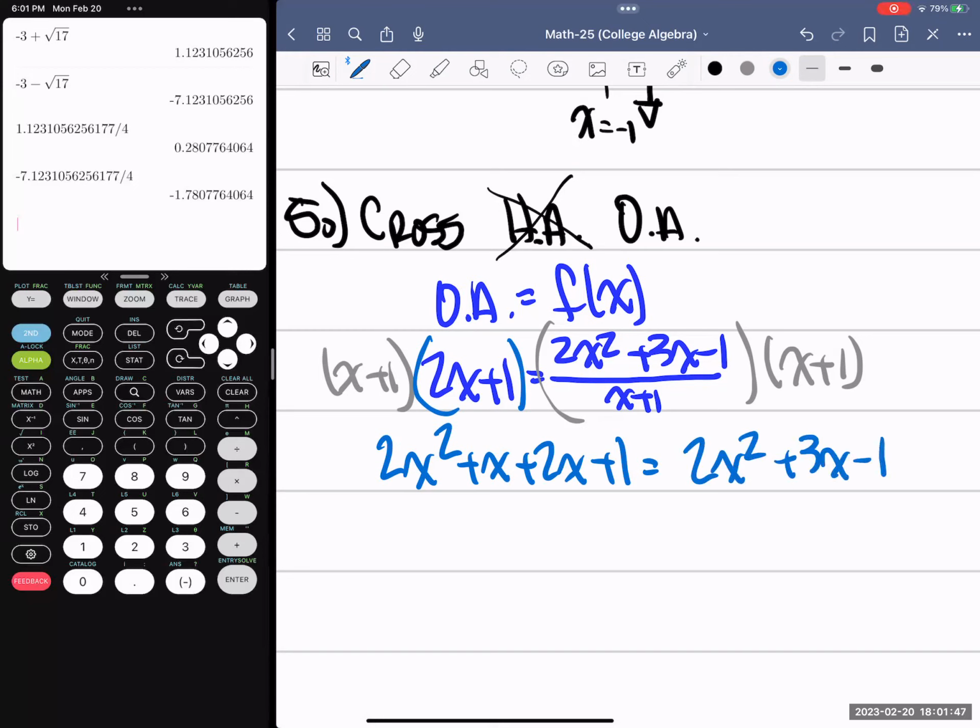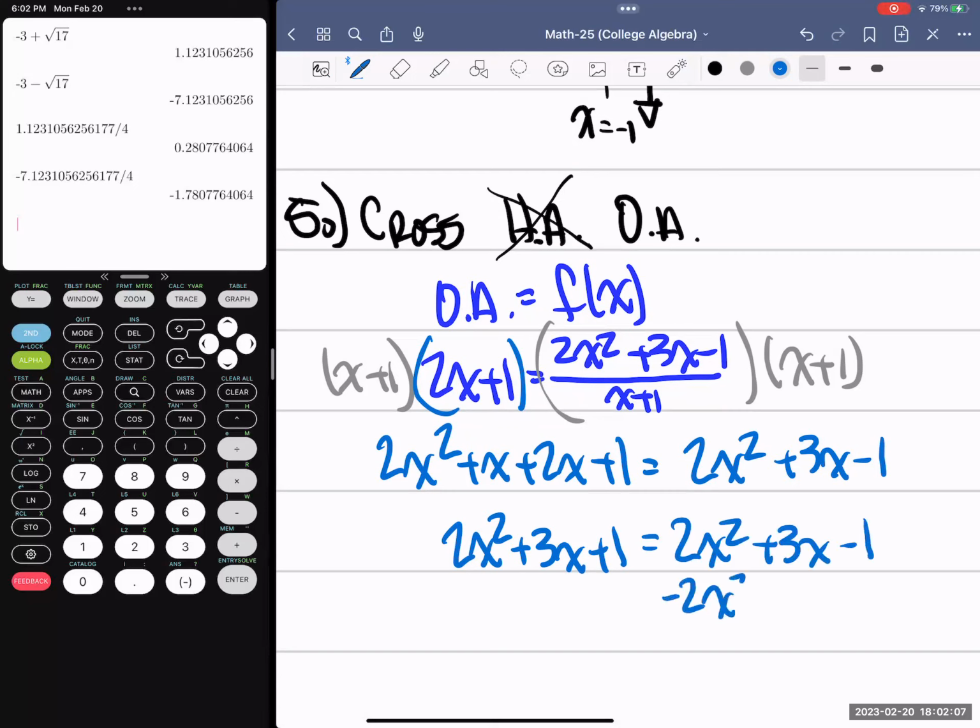And let's combine like terms. Let's move all of the variables over to the left side.